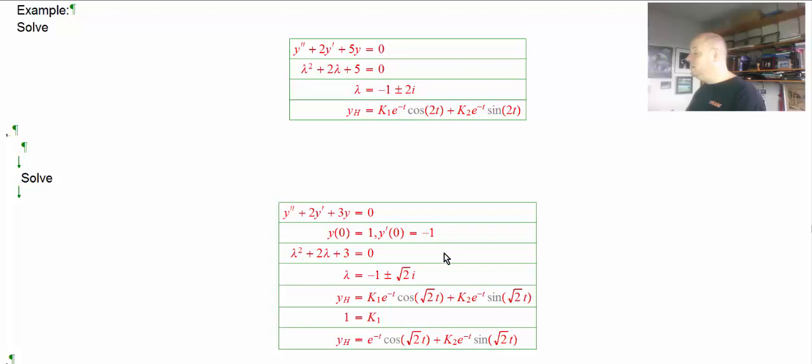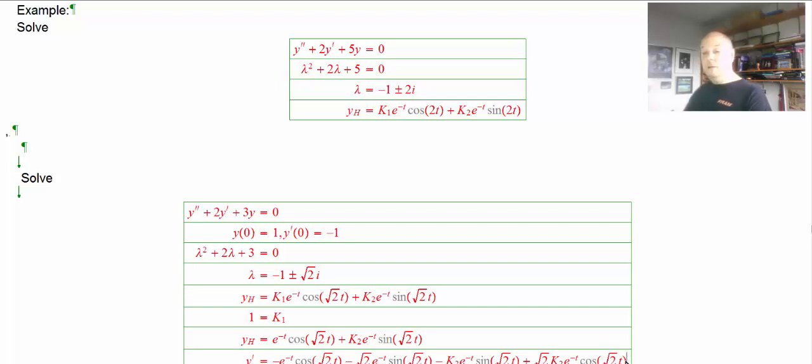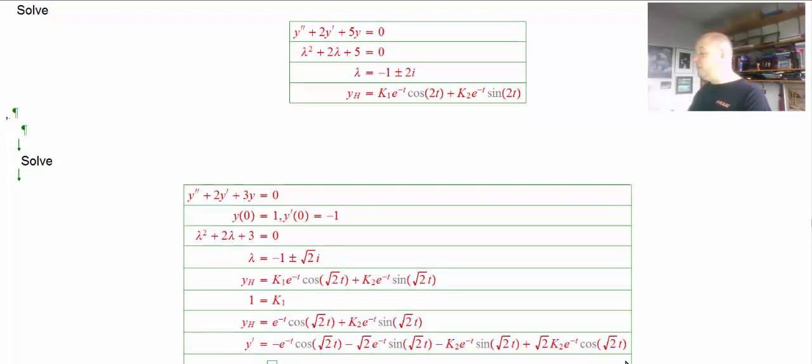To use the second condition, I need to take the derivative of this. So I've taken the derivative. Now I'm going to sub in t and set the derivative equal to -1. When I sub in t equal to 0, let's copy this down.